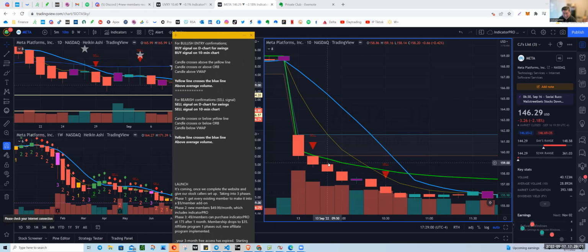So in this situation, you actually have a very good entry for Meta. And this is one reason that I called out on the Telegram channel, and I placed a put for Meta. And as you all know, if you did get into it, you would have noticed that it is a winner.